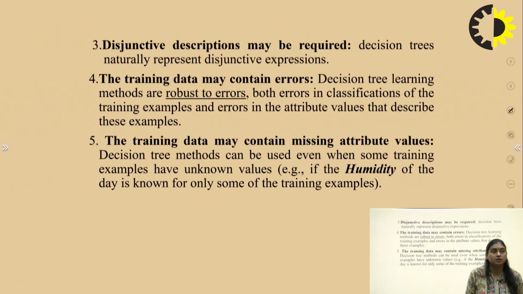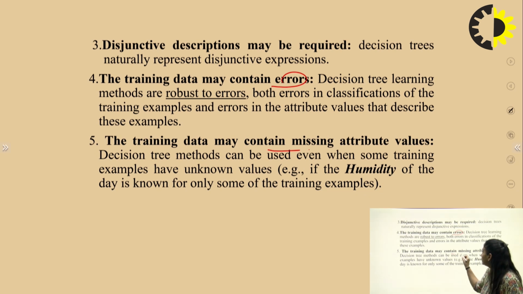Third is disjunctive descriptions may be required. We have seen this representation. Fourth, the training data may contain errors, because decision tree learning methods are quite robust to errors, and that is why we can employ those algorithms when the training data have errors. Then the training data may contain missing attribute values.